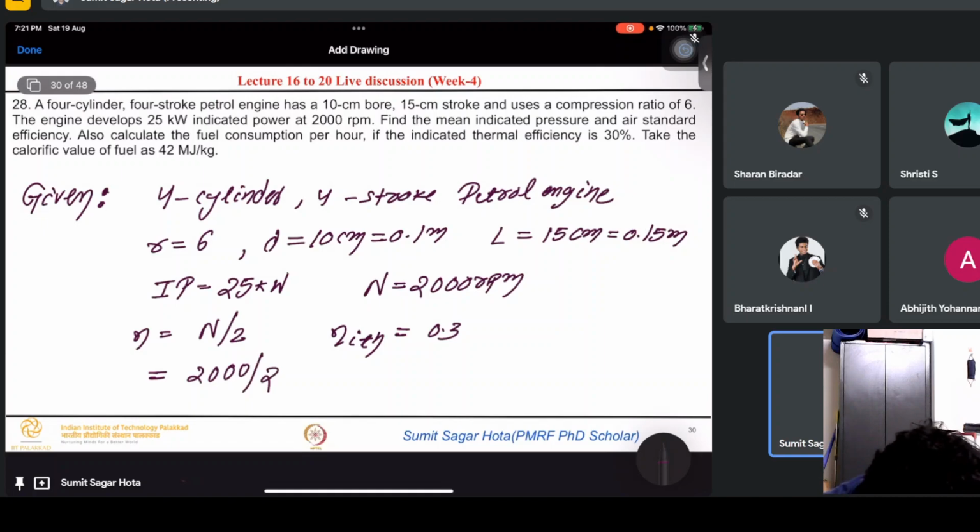Why? For a 4-stroke engine it's always capital N rpm divided by 2. If it is a 2-stroke it's only N. So 1000 rpm.